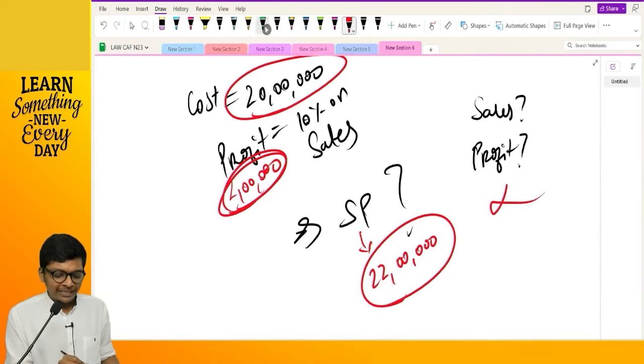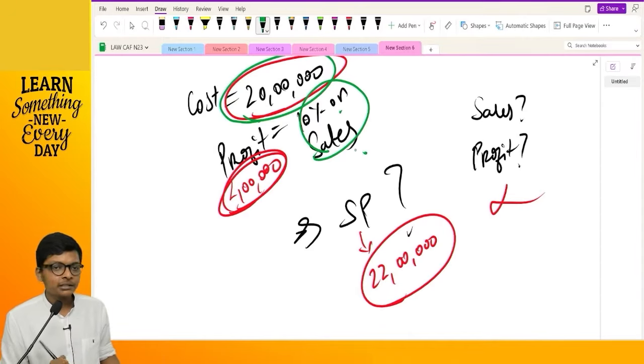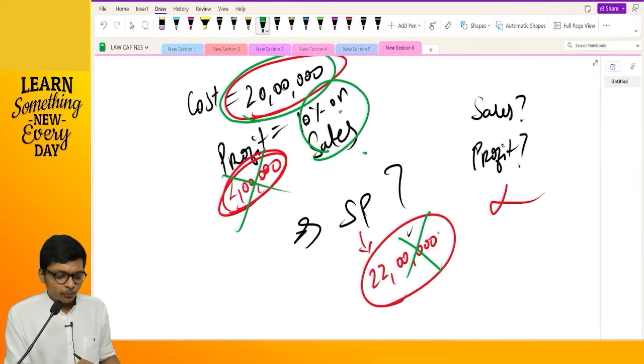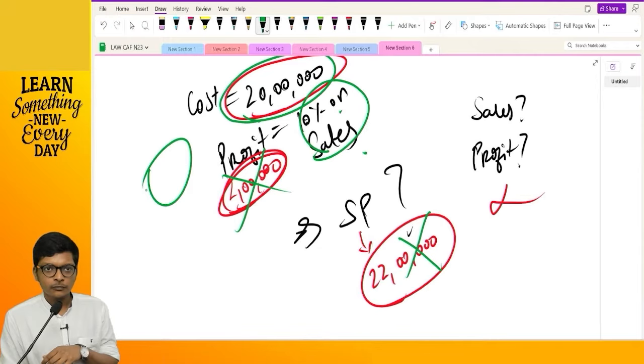Those who did 2 lakhs as profit computed 10% on cost, but I said profit is 10% on sales. Are you following, guys? If you do this, expect nothing more than a 0 in exam.